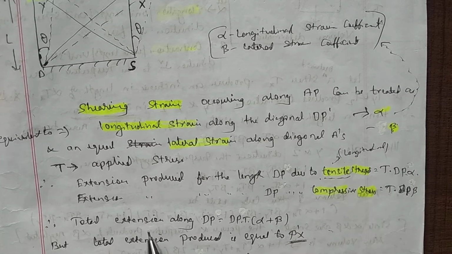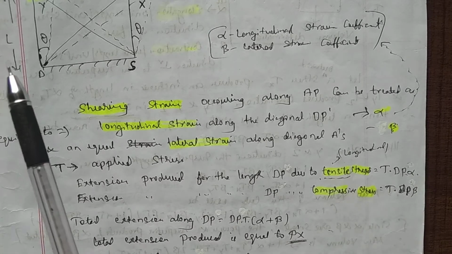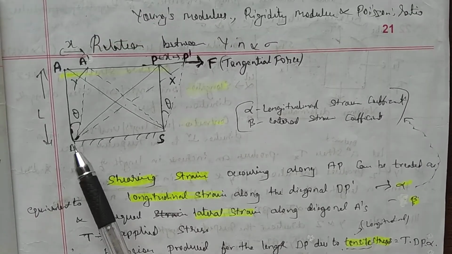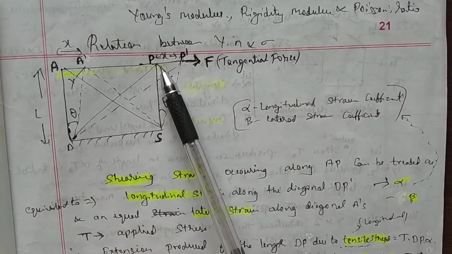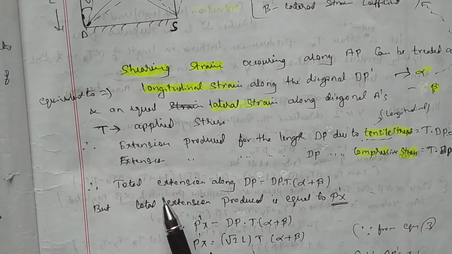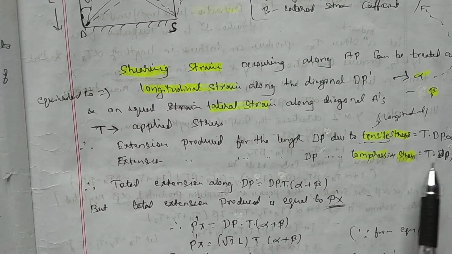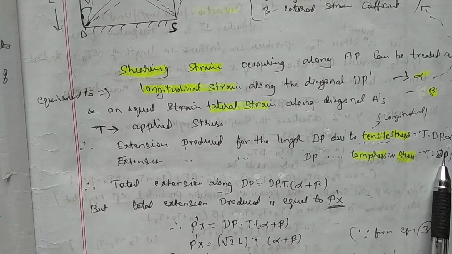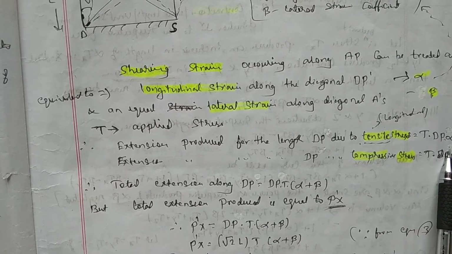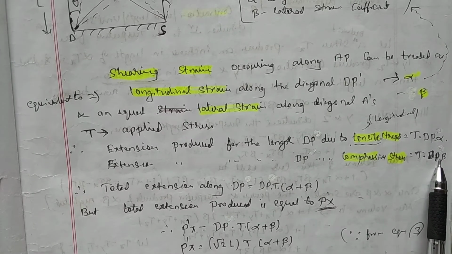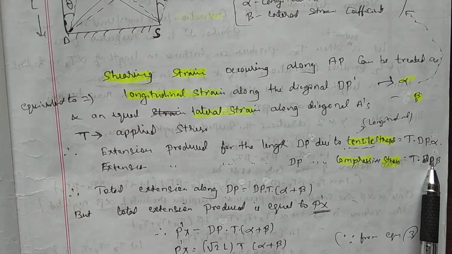Now the total extension along DP can be written as DP, which is common, into T into bracket alpha plus beta, that is the sum of the longitudinal strain coefficient and lateral strain coefficient.